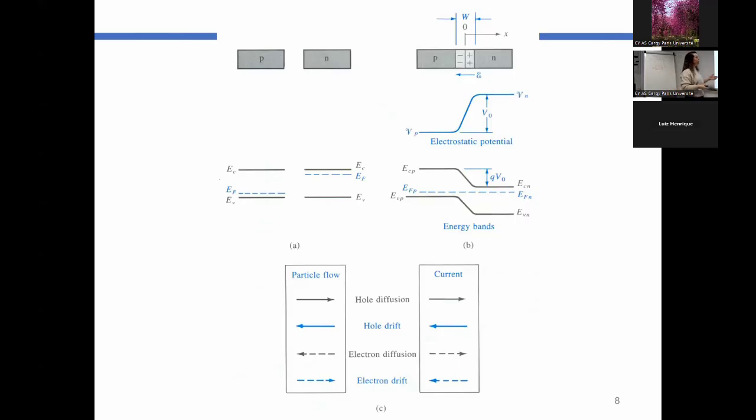So when we analyze the electrostatic potential here, you can see there is this difference in the voltage that comes from the difference in the doping of the two materials. What is quite important to mention is that depending on the level of the doping, this deflection will be higher or lower.